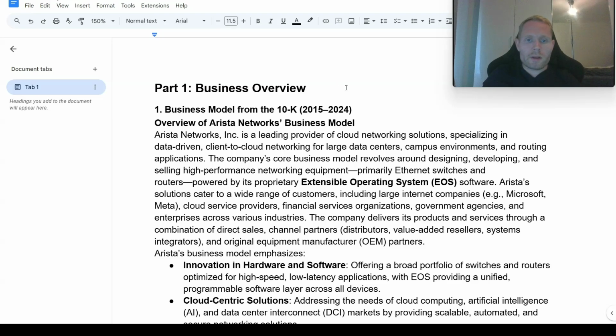So in just about an hour or so, we have a very detailed deep dive on Arista Networks. And I knew very little about the company this morning, but now, after going through all of this and reading through it, I actually know a lot about the company. But you have to be a little bit patient with the prompts. You have to add to the prompts, make more details.